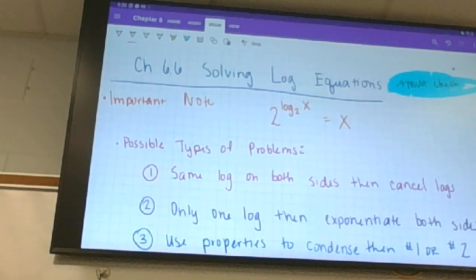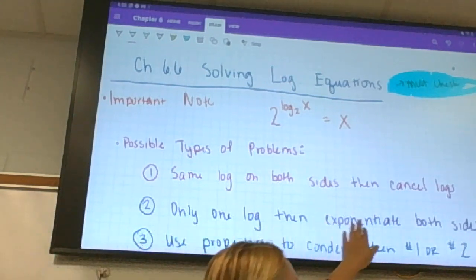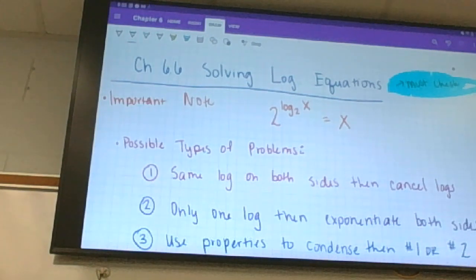Here's a brand new word for you. Exponentiate. Exponentiate means you make both sides exponents. We just did it with the Beetle problem. So I'll show you a quick example of that. Exponentiate would mean you only have one log. So what if it was like this, where you don't have a log on the other side, you can't cross off.